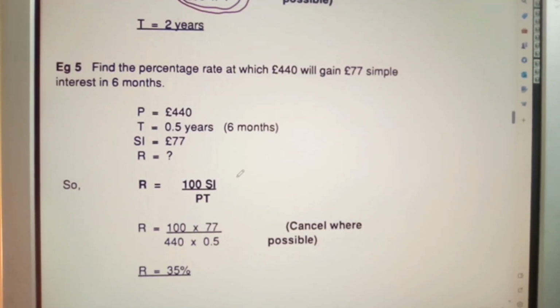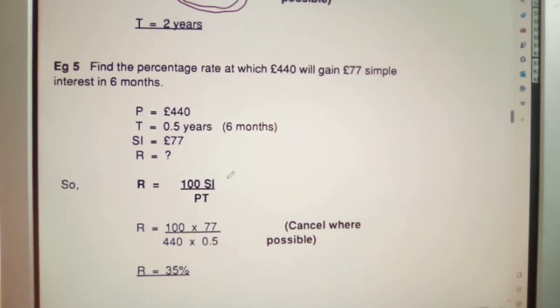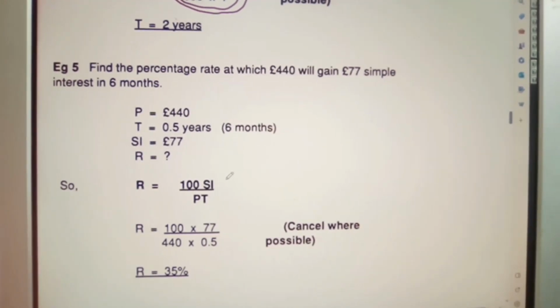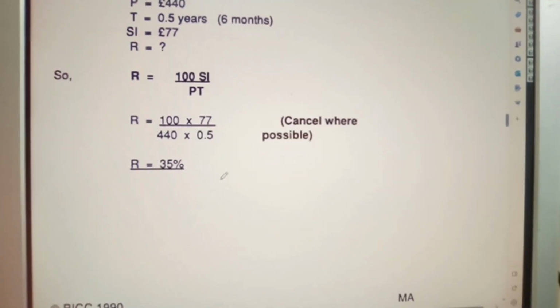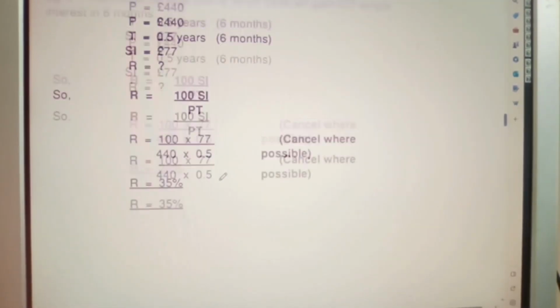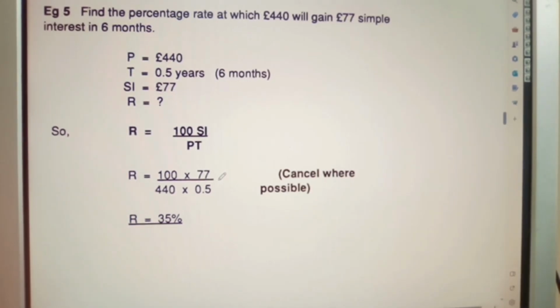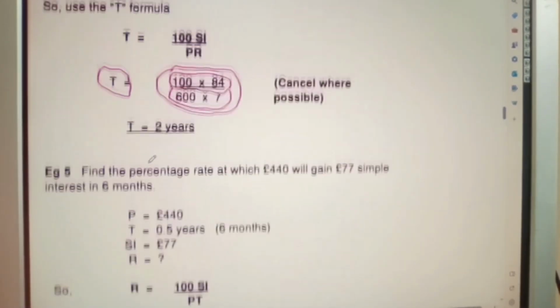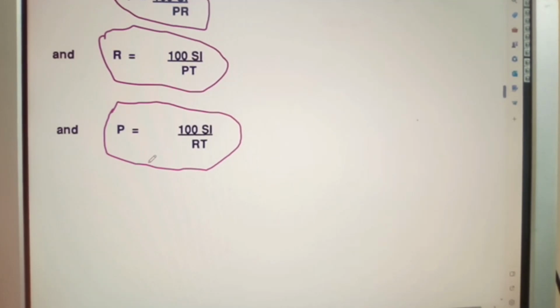And again here, find the percentage rate at which 441 will gain £77 simple interest in 6 months. Here you're looking for the rate at which it will grow, so we're looking at R. And remember we looked at how we transpose for each one in turn, and that's our formula here.